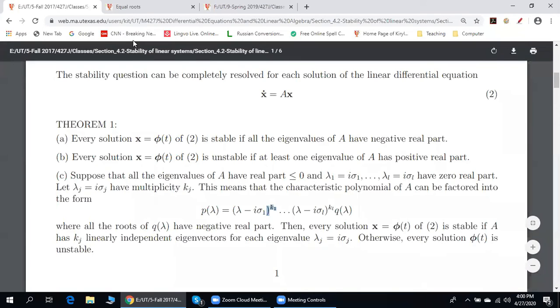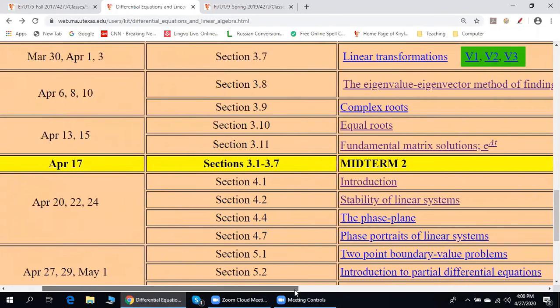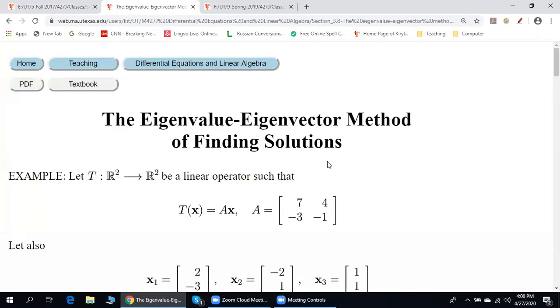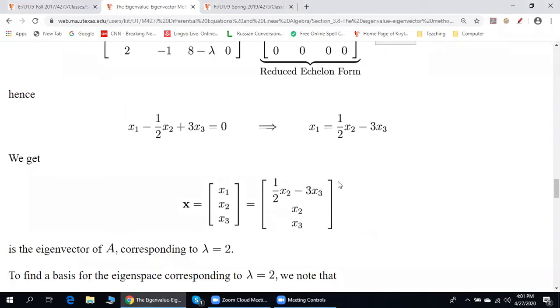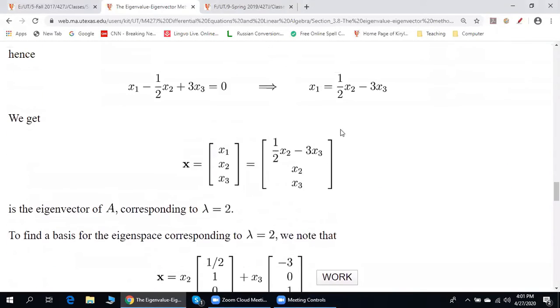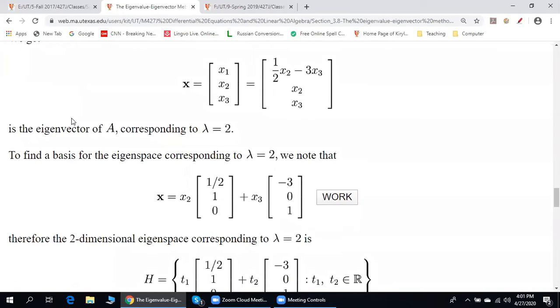Well, we just go back to previous examples. So let me start with section 3.8. Let us consider this problem. How do we find the dimension of each eigenspace? So we find all eigenvectors corresponding to lambda equal to 2.